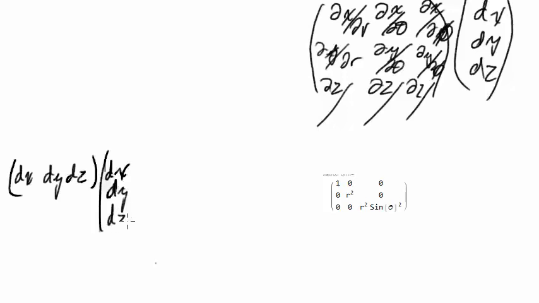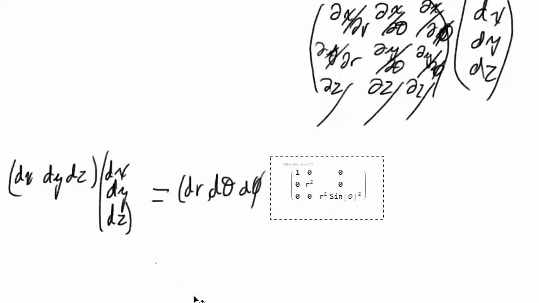That means that that huge mess we had from the Jacobians can be represented as dx, dy, dz times dx, dy, dz equals dr, d theta, d phi times this matrix, and then that is multiplied by dr, d theta, d phi.